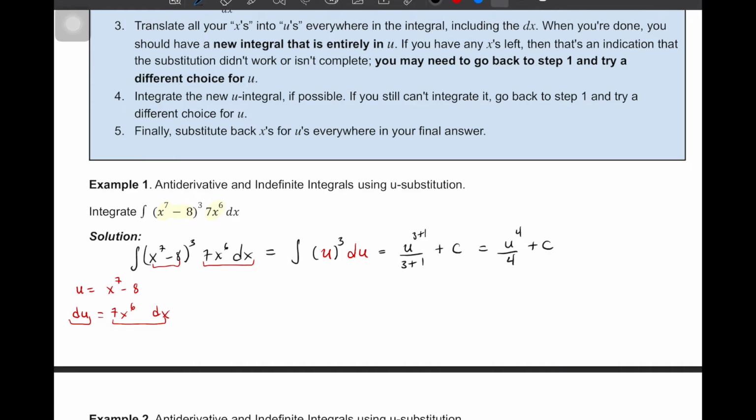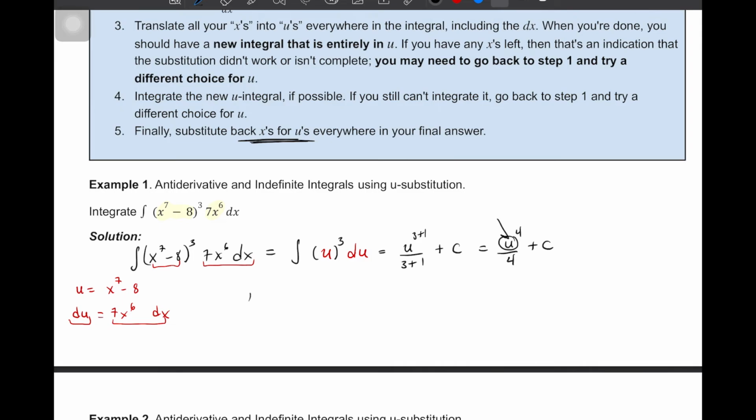All right, so we took the antiderivative, but the antiderivative of this is with respect to u so far. We need to go back and finally rewrite this in terms of x. So go back and replace u with respect to x.